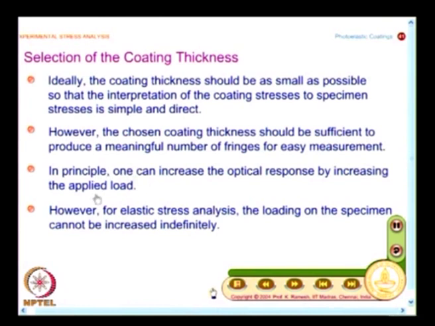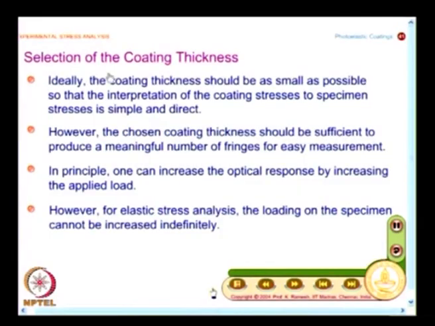Increasing the applied load, I cannot do comfortably beyond a limit in the case of metallic components when I do an elastic stress analysis, because if I increase the load, the specimen may start yielding. You do not want the specimen to yield in normal service conditions. So, there is an upper limit to which I can load it.